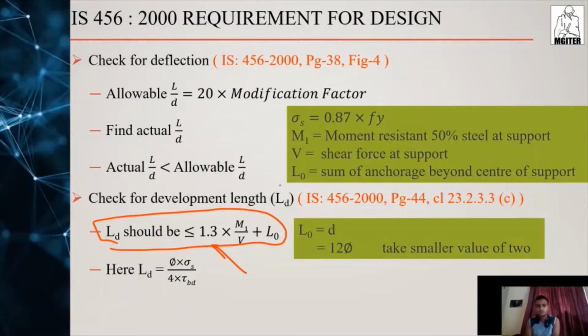When this equation is fulfilled, your design will be okay, meaning good. Your design is checked for development length.